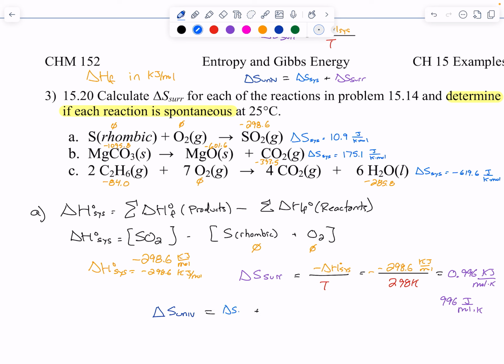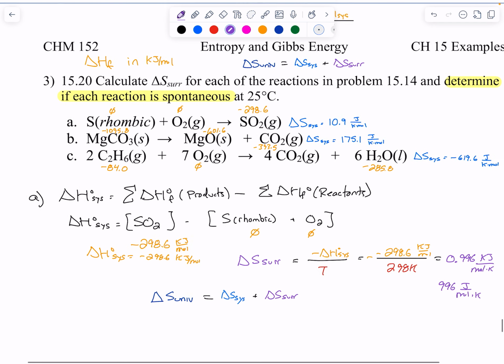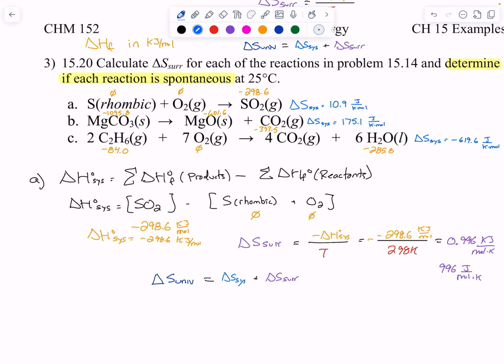Our system is 10.9 joules per mole Kelvin, plus we have 996 joules per mole Kelvin.